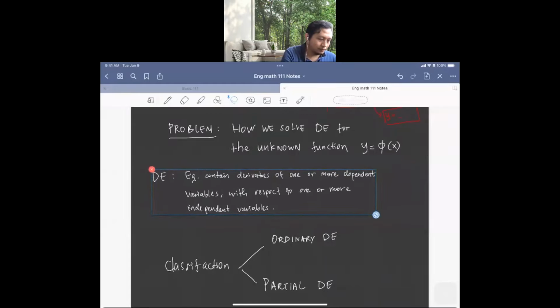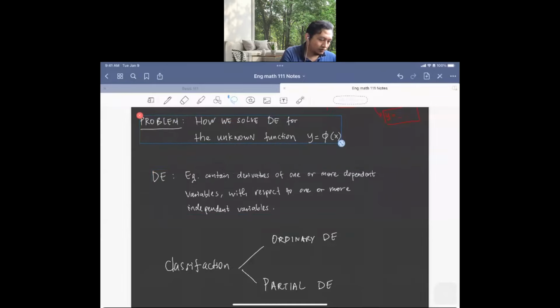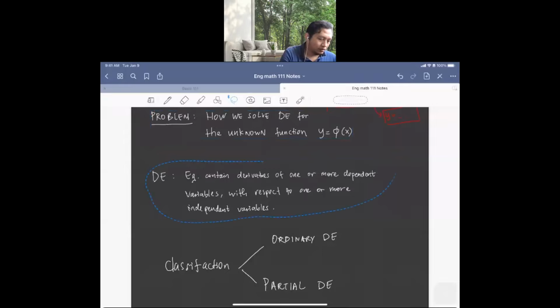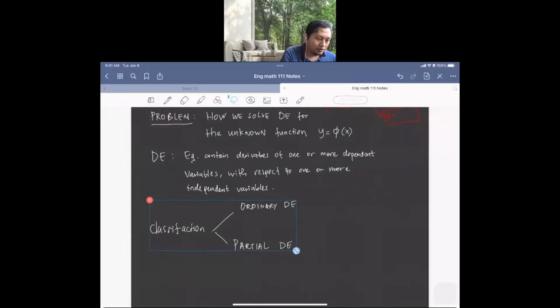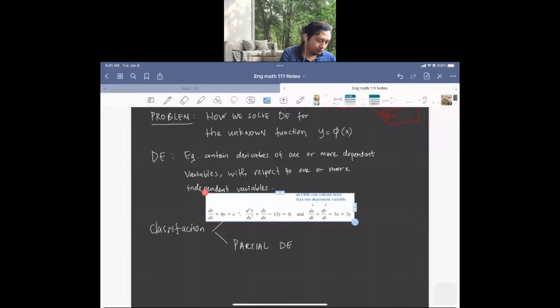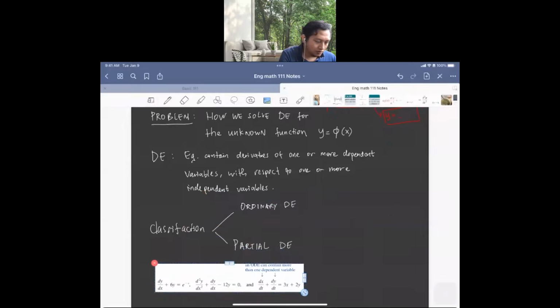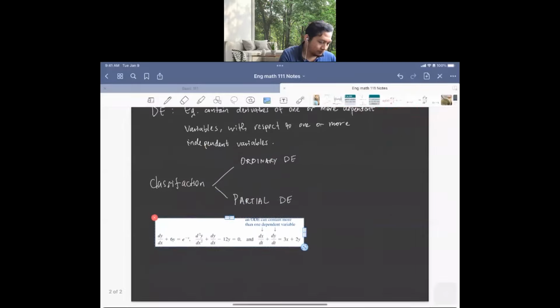Let me resize this and also resize this so you can have a good view.